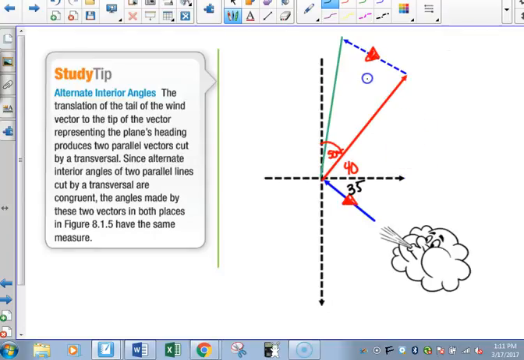If I put an east-west line right up here... Actually, I don't even need to put that line in. I think you can get this without that line.